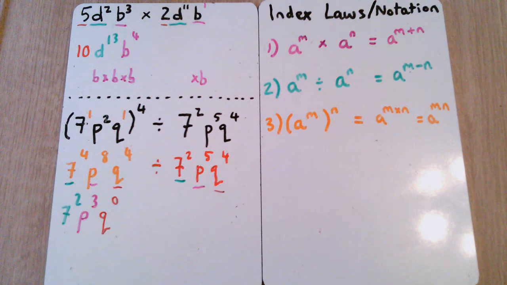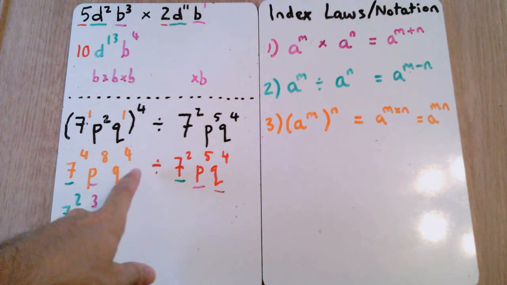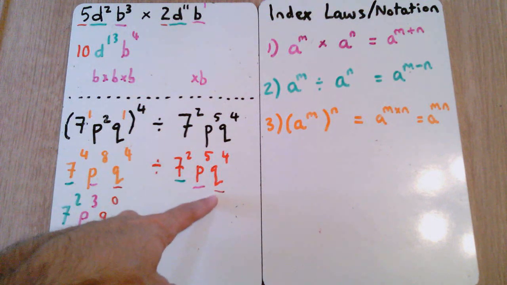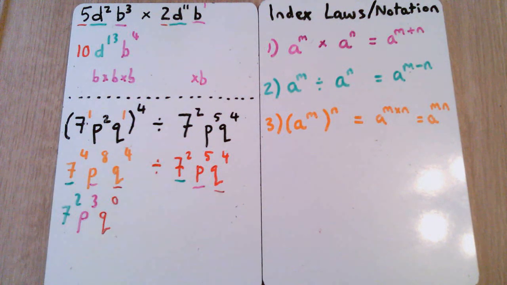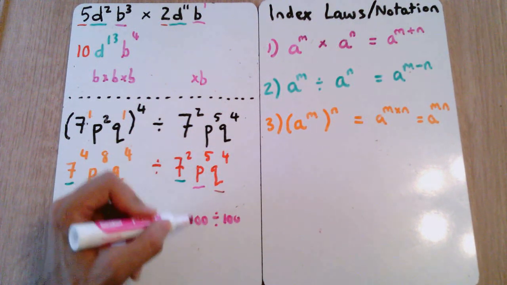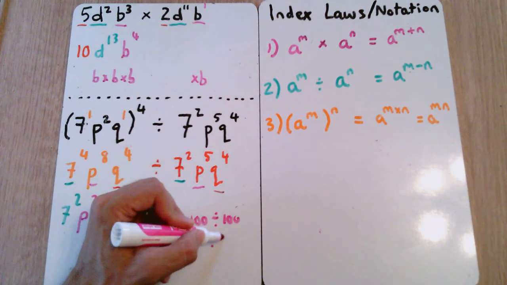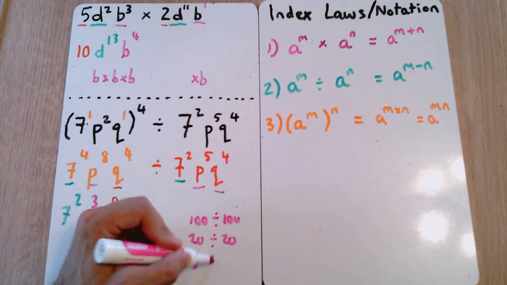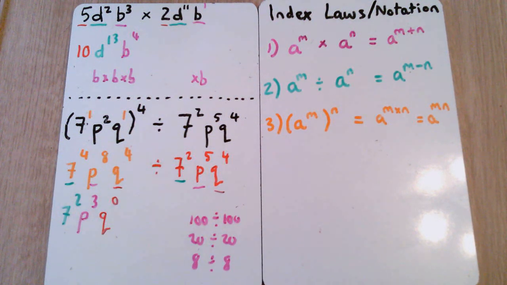However, just something to note, which we will look at in a later video, if you divide a value by itself, q to the 4 divided by q to the 4, that's the same as, for example, doing 100 divided by 100, or 20 divided by 20, or 8 divided by 8. And whenever you divide a value by itself, you actually get 1.